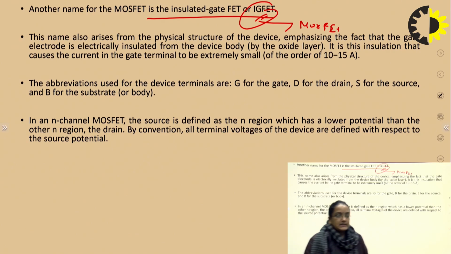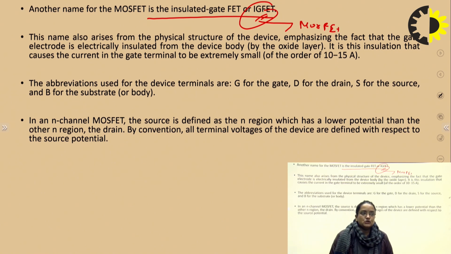Moving on to the next, this name also arises from the physical structure of the device, emphasizing the fact that the gate electrode is electrically insulated from the device body. It is this insulation that causes the current in the gate terminal to be extremely small.